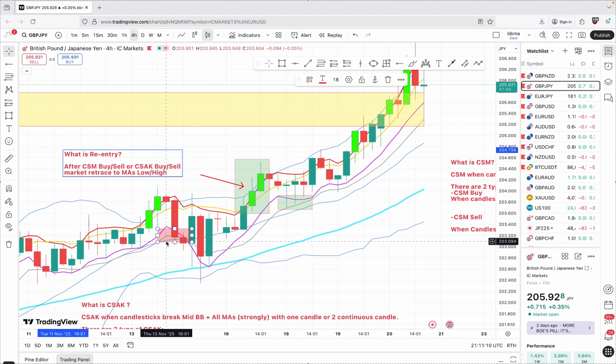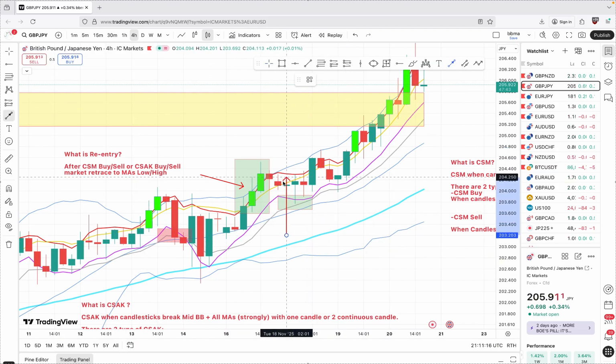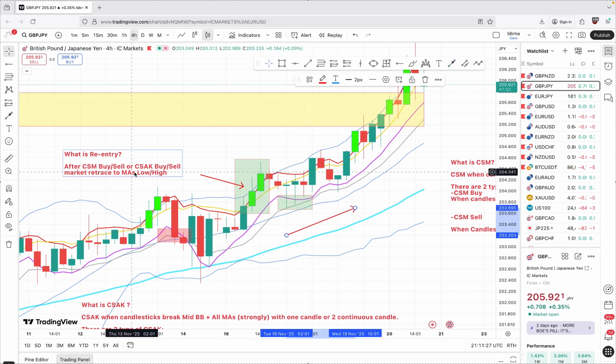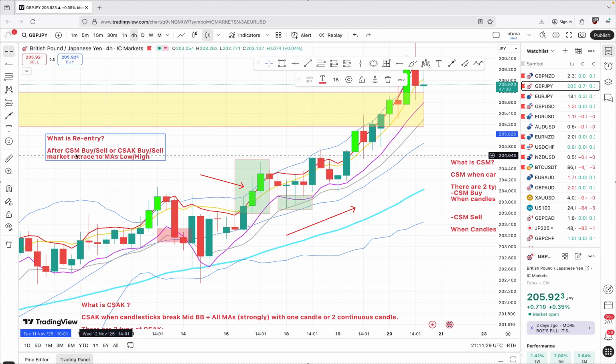Why low or high? Because there are two. This is low and this is high. Keep in mind, the one which is above we call high, and the one which is lower is called low. MA low, and this is MA high. And this is actually a re-entry.